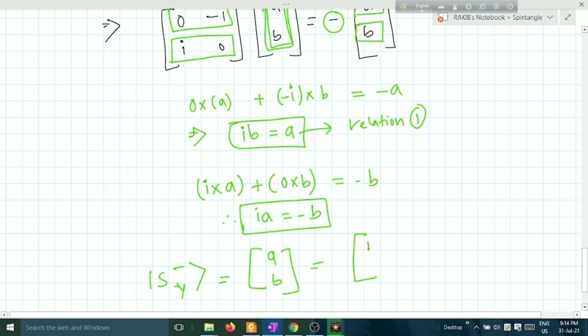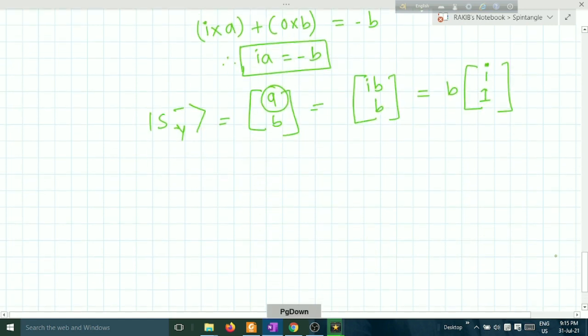Put ib in the place of a, and in the place of b, put b. What will happen? You can take b common, and here there will be an i and 1. I think this is the familiar way by which we solve eigenvector problems.